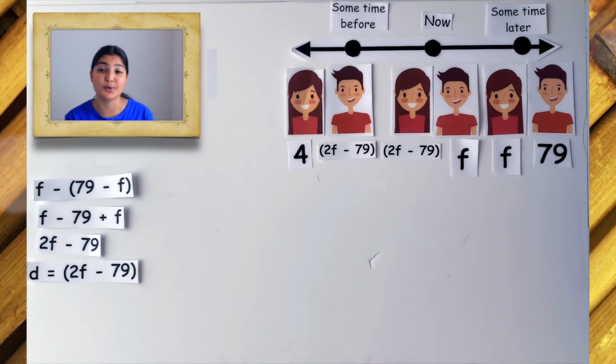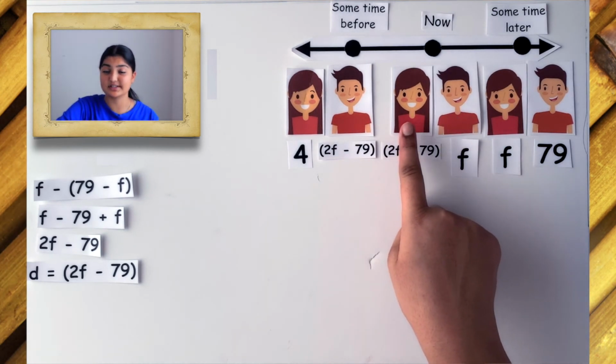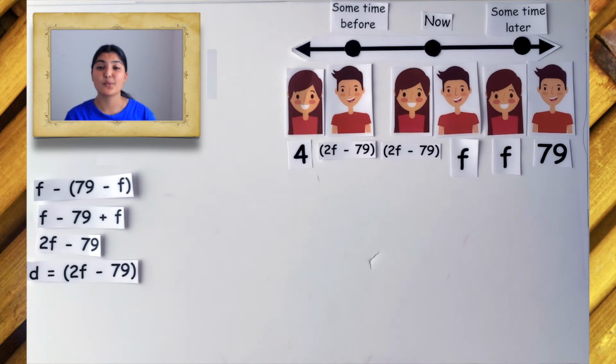Remember what I told you earlier. The difference between the father and the daughter's ages will always be the same. So, if we find the difference between their ages, we can simply make them equal and solve the equation.